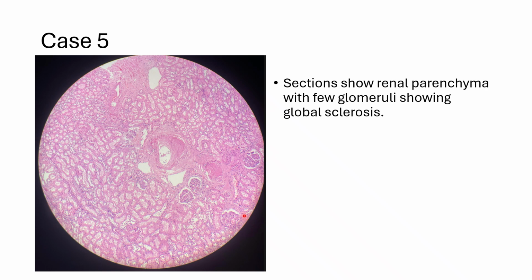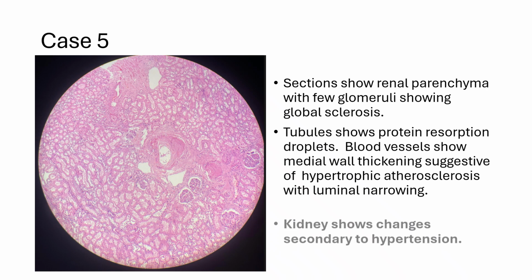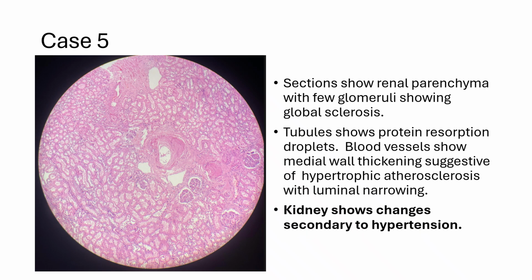Renal parenchyma with few glomeruli showing global sclerosis. The glomeruli is sclerosed here, and tubules show protein resorption droplets. Blood vessels show medial wall thickening, suggestive of hypertrophic atherosclerosis with luminal narrowing. So these are the changes secondary to hypertension.